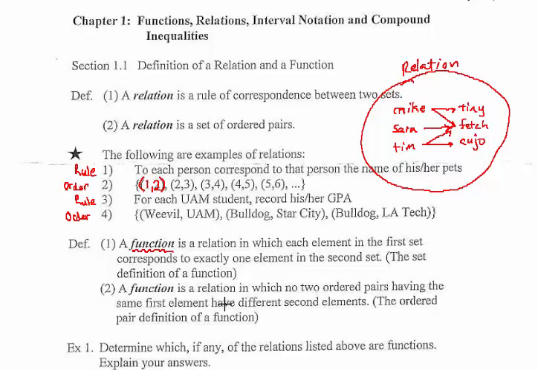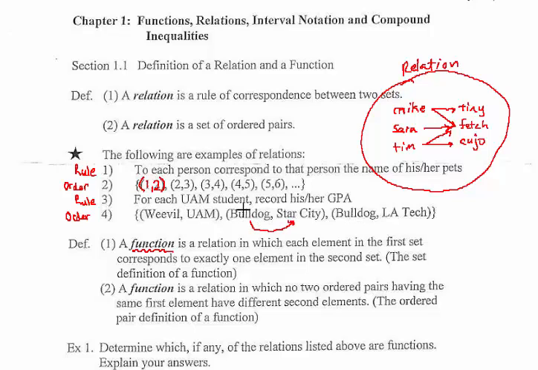Number 2 is just giving us a definition of a function in terms of ordered pairs. It says no two ordered pairs having the same first element have different second elements. And so if we look up here at 4 and ask why is this relation not a function, we would say Bulldog is assigned to Star City.